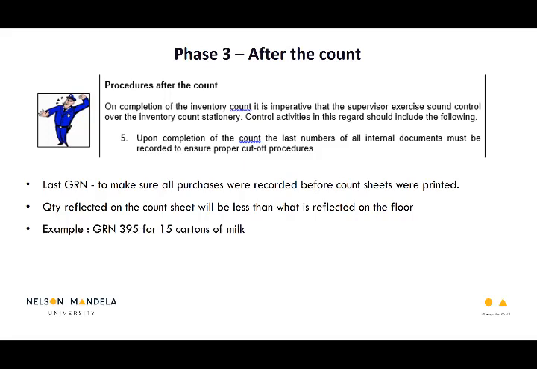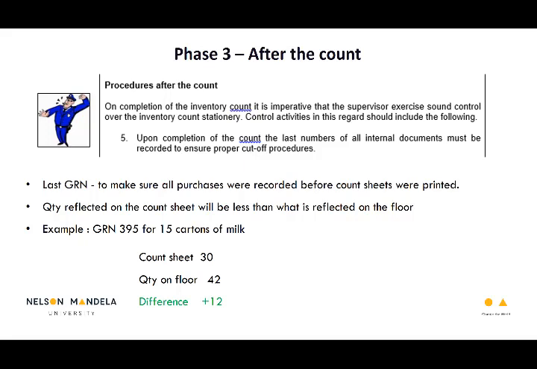An example for this would be if goods received note 395 was not recorded, then we will see that our count sheets will reflect 30 cartons of milk. The quantity on the floor will reflect 42, and therefore it appears that we need to make a positive adjustment of 12.